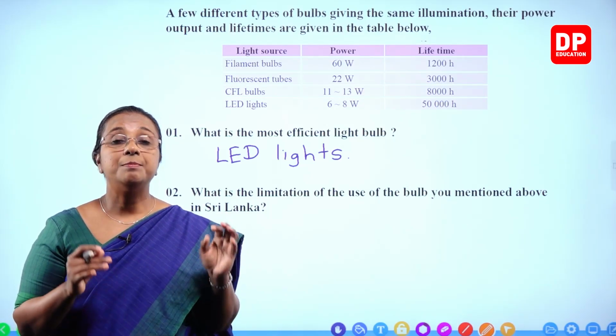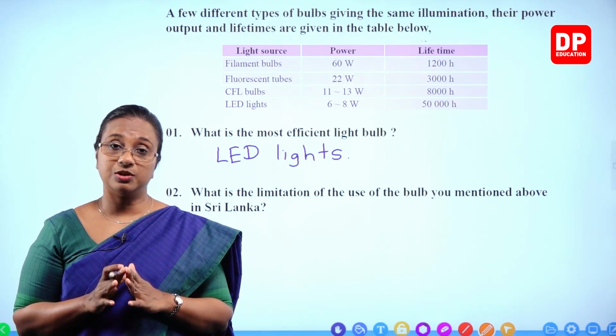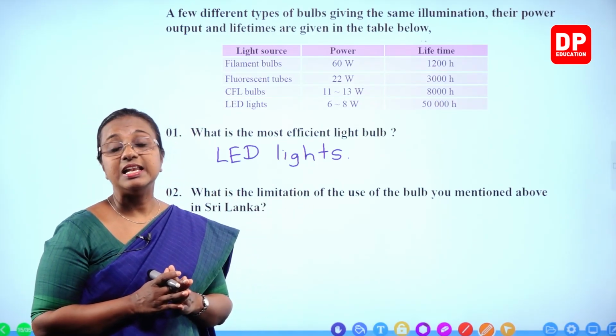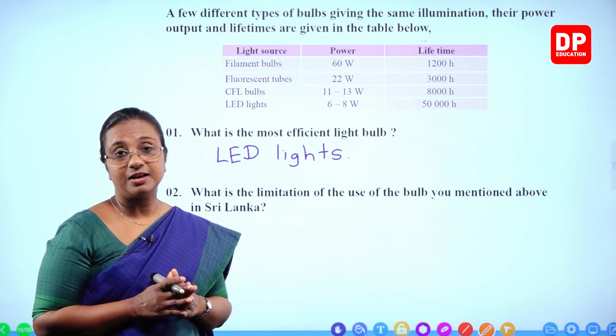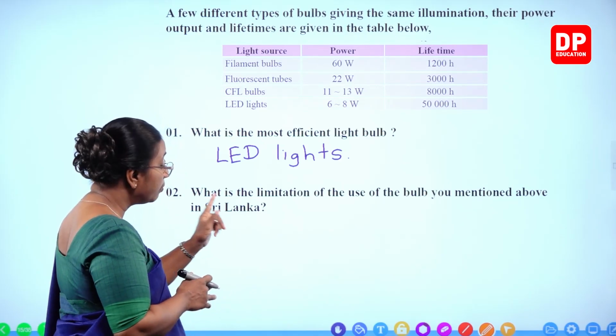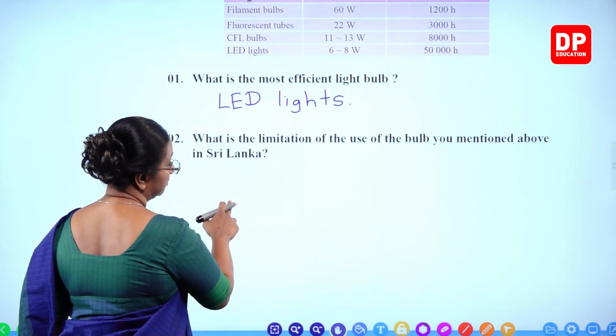But still, because of the high initial cost, there is a limitation of the use of LED bulbs in Sri Lanka. So that is what you need to write here. What is the limitation?